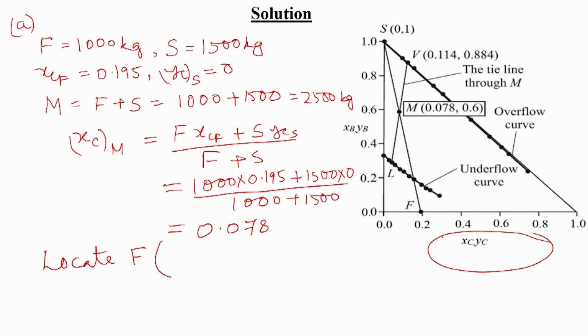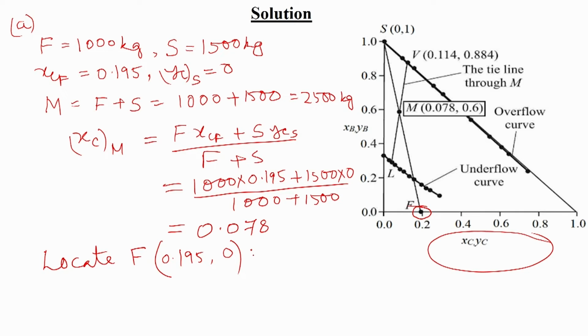So, there is no B. You see A is the inert, or carrier solid, and C is the target component. So, it is 19.5. So, F will be like this, 0.195, with YB equal to 0. So, this is coming out here.